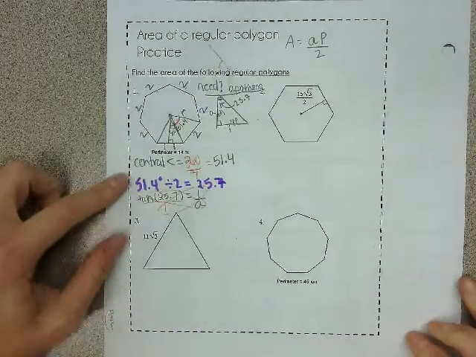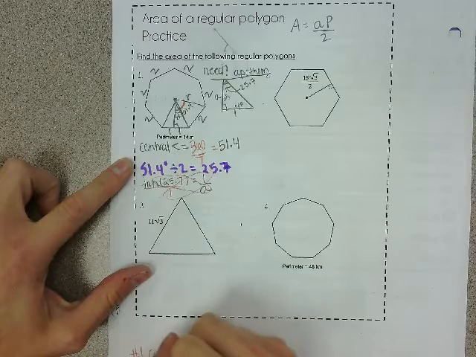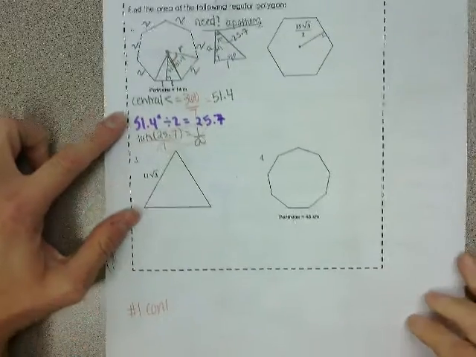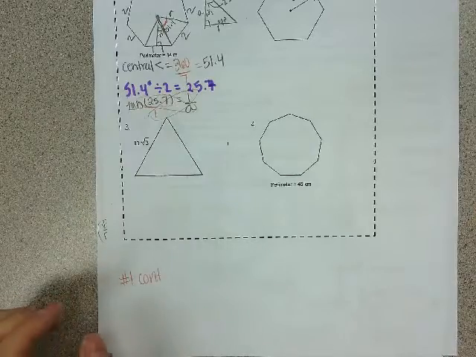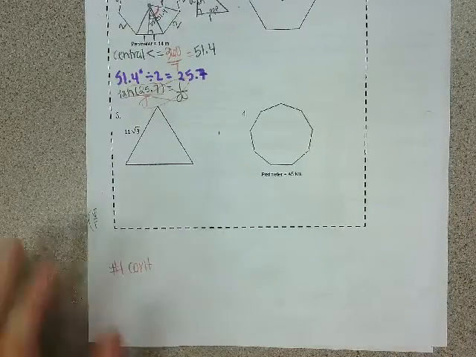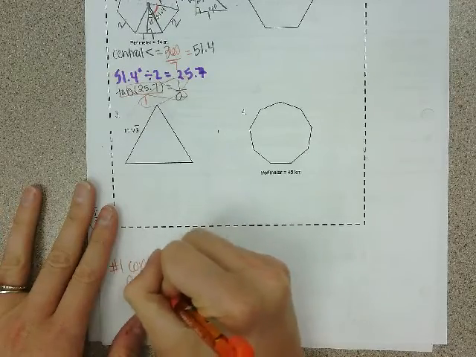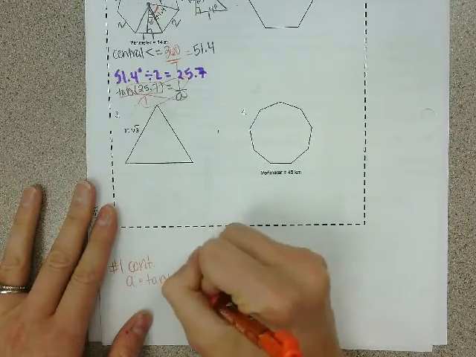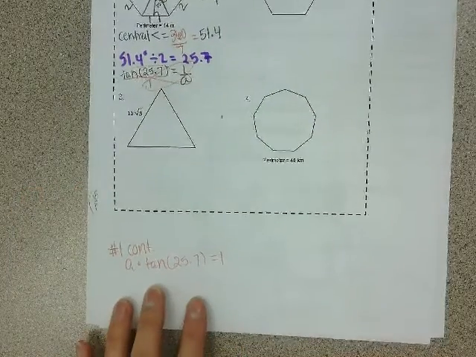I'm going to continue number 1 down here. This is why you probably want it on your sheet of paper. When I cross multiply, I get A times tangent of 25.7 equals 1 times 1, which is 1.